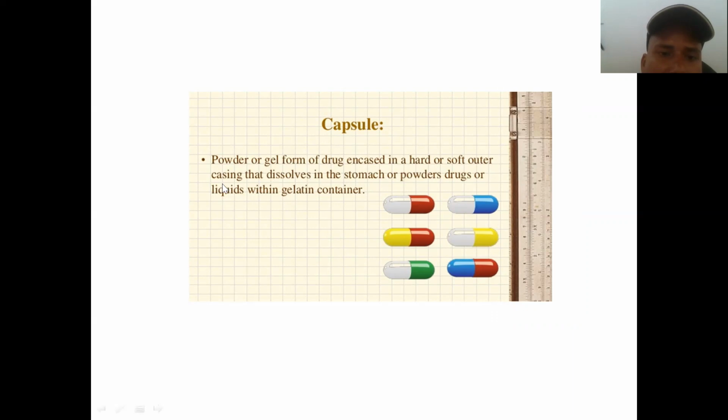Why is it made up of gelatin? Because gelatin is very easily soluble in water. If water is present inside the stomach, then after reaching that part it will dissolve very easily. That's why the nature of the outer covering of the capsule is gelatin.